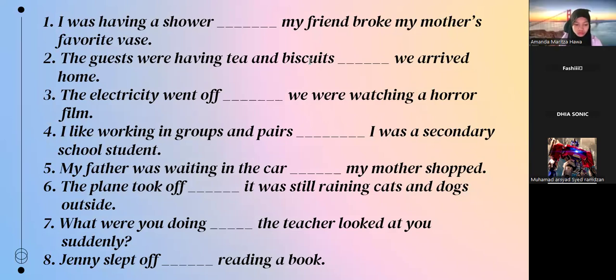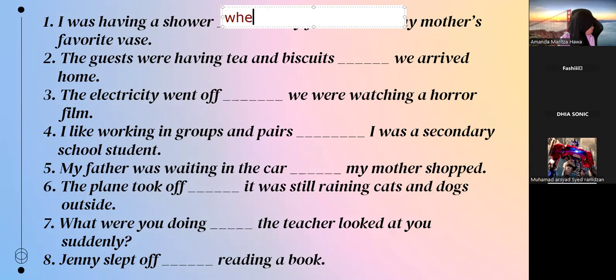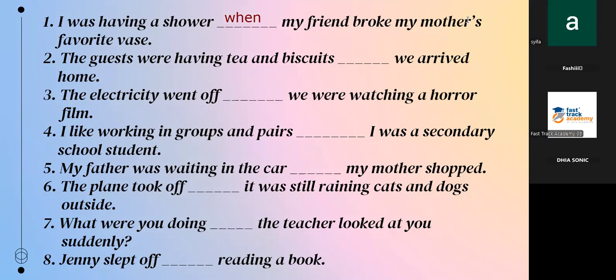When or while I was having a shower, my friend broke my mother's favorite vase. When. Okay, how do you know it is when? Bagaimana kamu boleh tahu? It happened on that time.